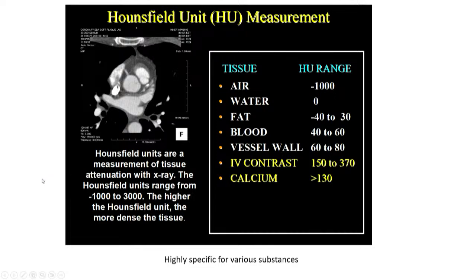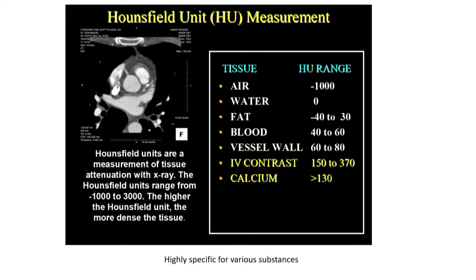So that's basically the convention, okay? Anything else could be in between. So anything denser than water is going to have a positive Hounsfield unit. Anything less dense than water, you're going to have negative, okay?